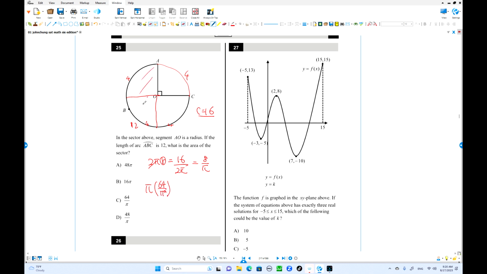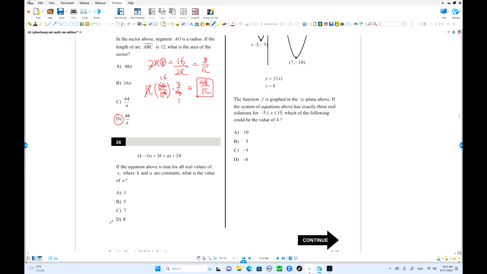But this one sector is what? 3 out of 4, right? 270 over 360. That is 3 out of 4. That's the answer, okay? This pi is cancelled out, and this is 1, this is 16. So numerator is 48, denominator pi, okay? That's the area of these sectors. Choice is the answer.